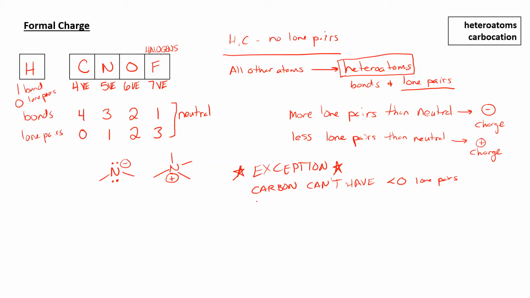And so we have this kind of special species, a carbon with 3 bonds and no lone pairs. It is positively charged, and is called a carbocation.